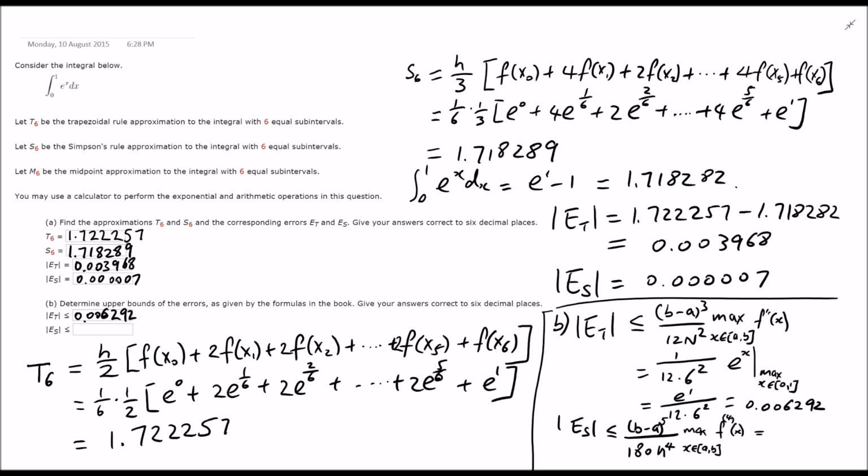The fourth derivative is still e to the x, so the maximum happens at e to the 1. We can solve this error bound to be 0.4012, and we can put this into our solution box.